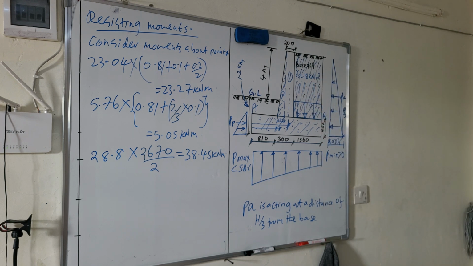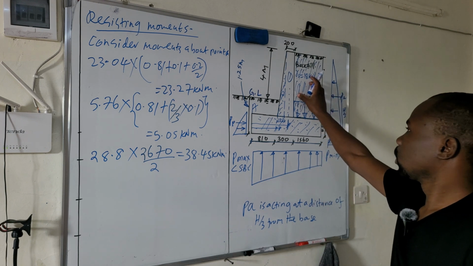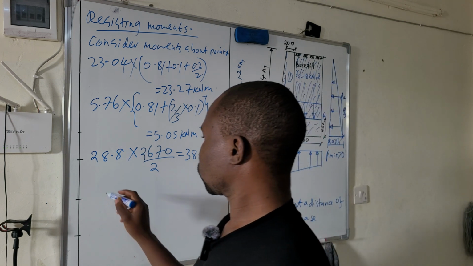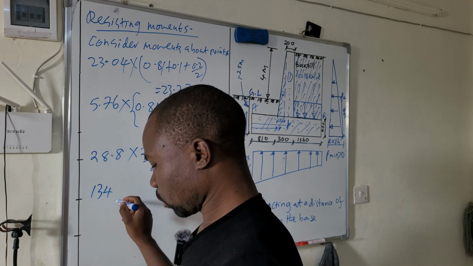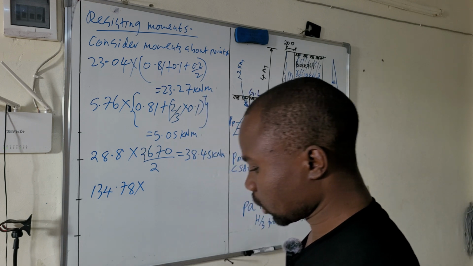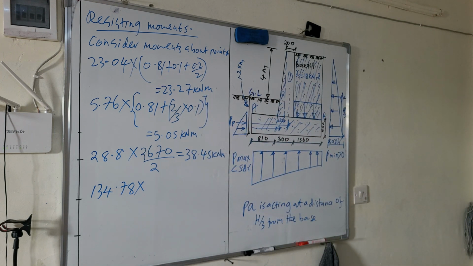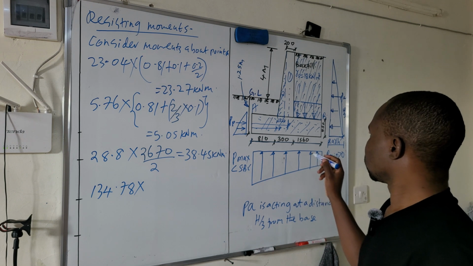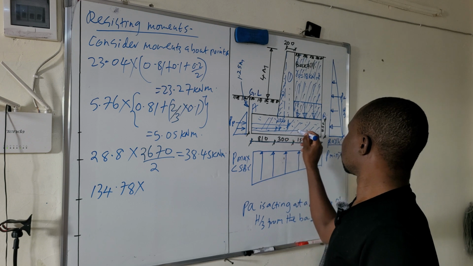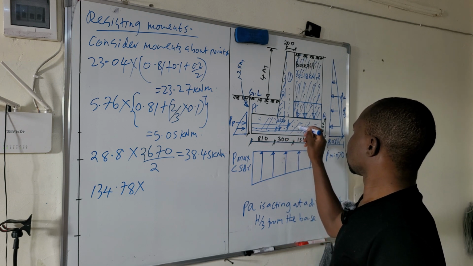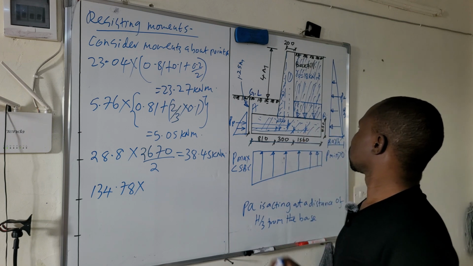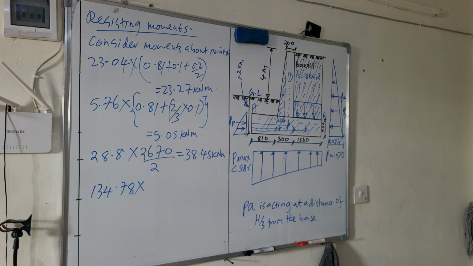And then we will proceed to the backfill. So the force as a result of this backfill is 134.78, then times the distance. So the distance, you will add this distance from here to the center of this rectangle of the backfill.